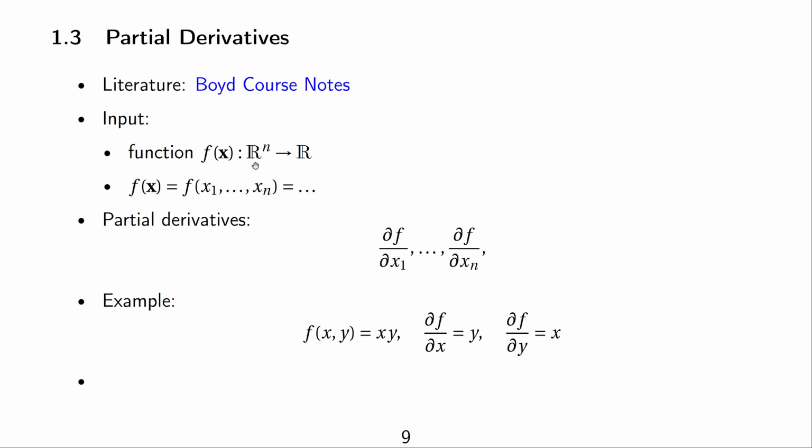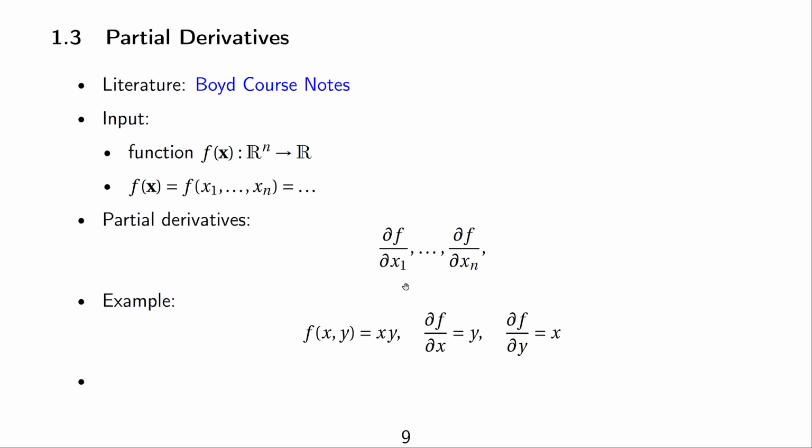So we have an n-dimensional input and a one-dimensional output. So f of vector x can also be written as f of, and these are all the individual components, x1 to xn. The partial derivatives are then denoted as df dx1 to df dxn. And again, we have one single output.